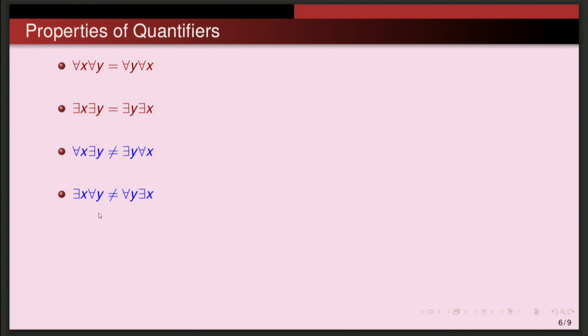Whenever there exists y within the scope of for all x, we say y is within the scope of x, and similarly here x is within the scope of y. It is not the other way around.